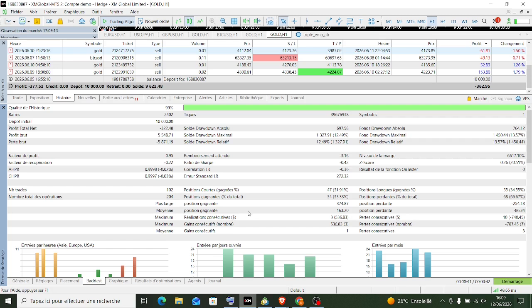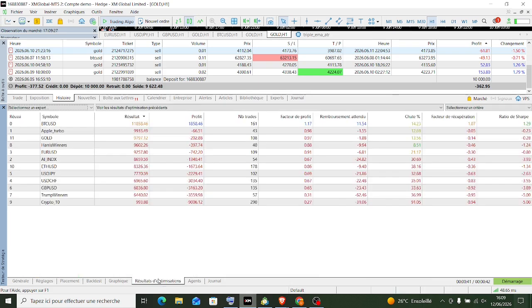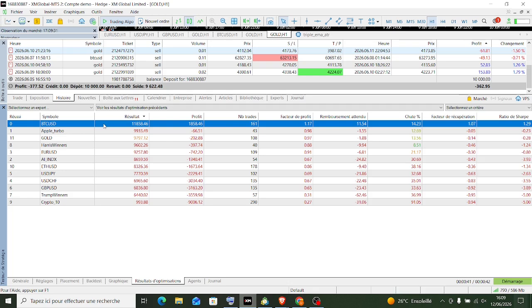Because 102 trades isn't a strategy, it's a gamble. In quantitative finance, you need hundreds of trades to prove statistical significance. Compare this to our Bitcoin backtest, 949 trades, a 39.9% win rate, and a 1.20 profit factor. The gold backtest is just noise.